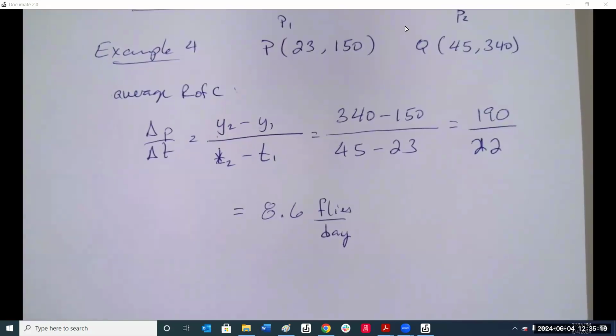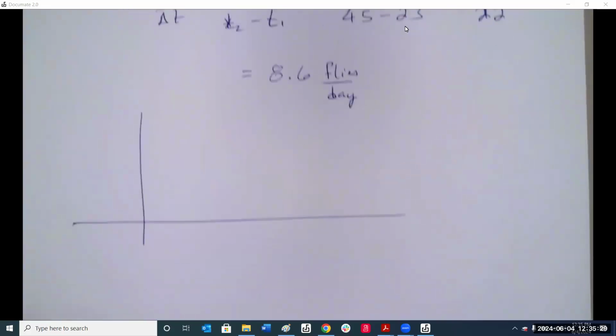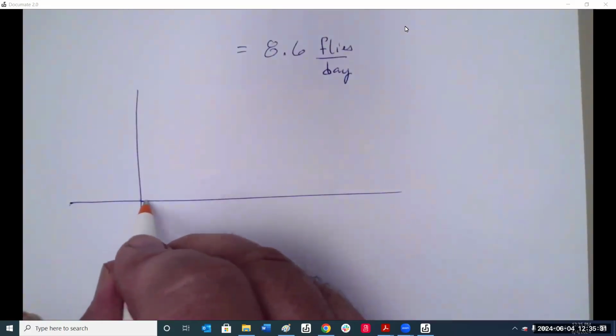So the average is pretty straightforward. That's stuff we've been doing all along. Now, how do we find the instantaneous?